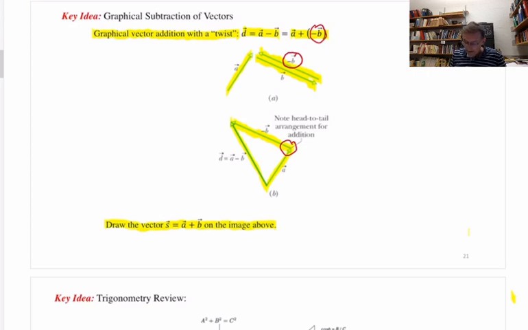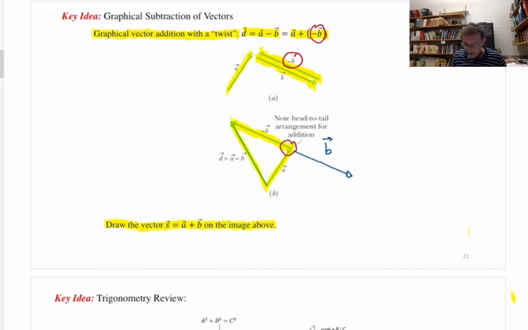Okay, well, there's A. B is just exactly the same length as negative B, but opposite direction. So the B, which we actually already drew, looks like that.